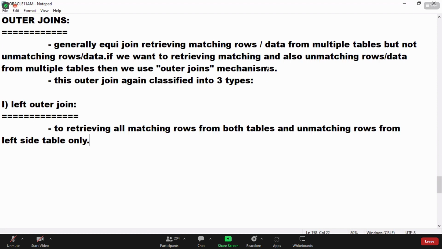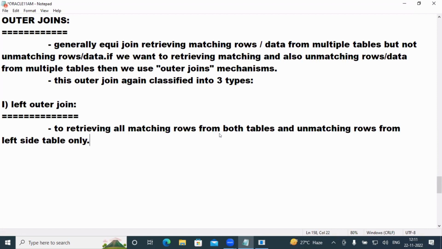Is the definition clear, all of you? Right. So this is left outer join.